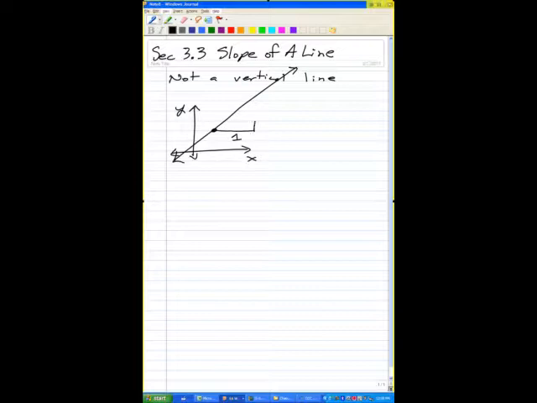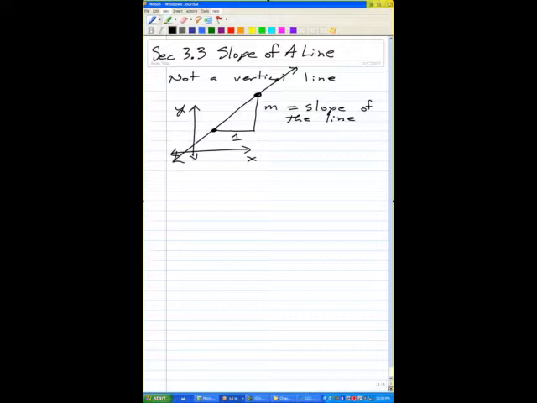The number of units I have to go in the y direction, I'll call that m, and this will be called the slope of the line. So that number of units that I have to go in the vertical direction in order to get to another point on the line will be called the slope of the line.